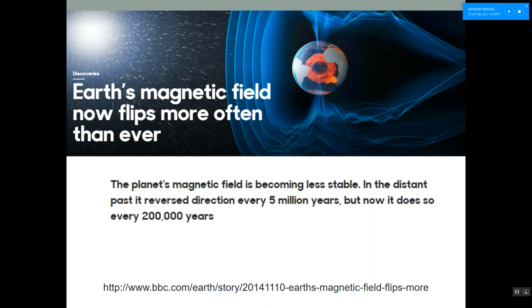So you still have to put sunblock. The magnetic field and the atmosphere aren't protecting us from everything, but it does protect against a lot, and that's quite impressive. It extends about 400,000 kilometers outside of our planet, so it is quite big.